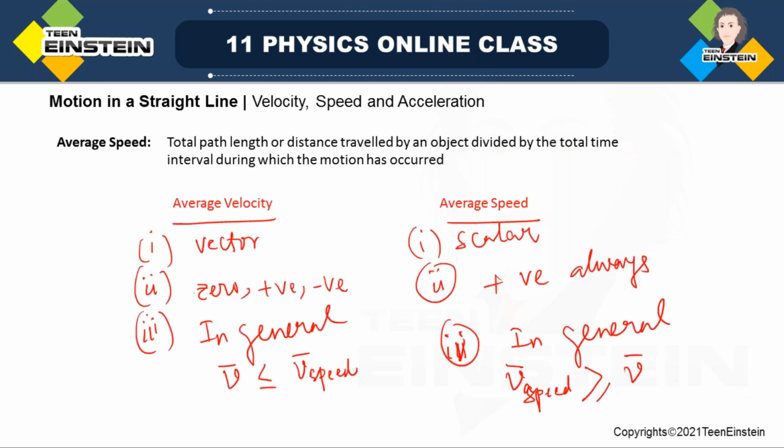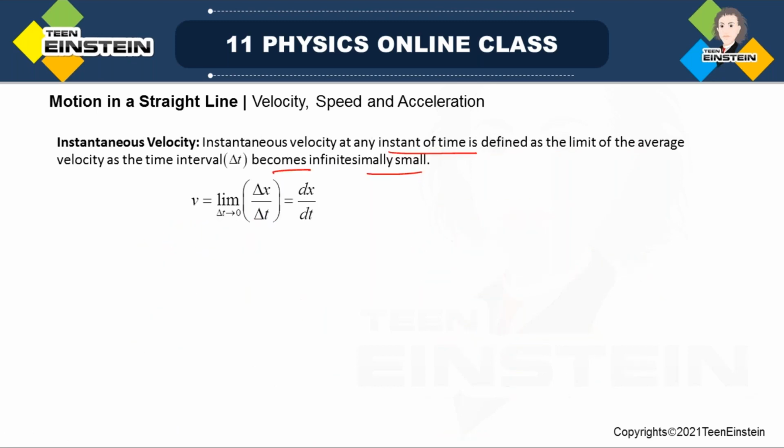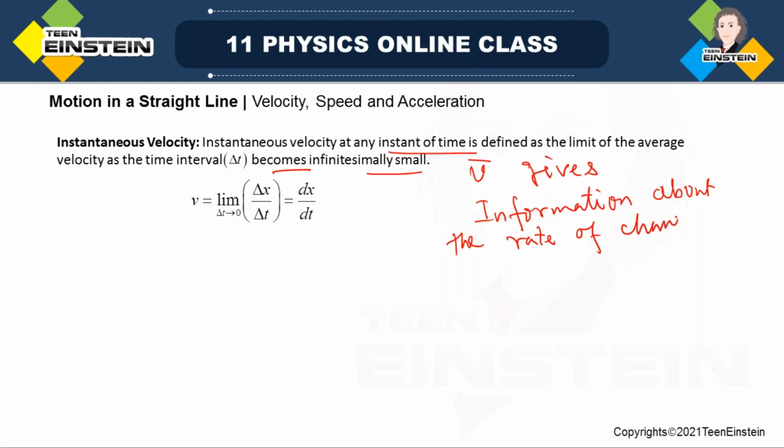But we have already learned average velocity. Average velocity gives information about the rate of change of position during a time interval.